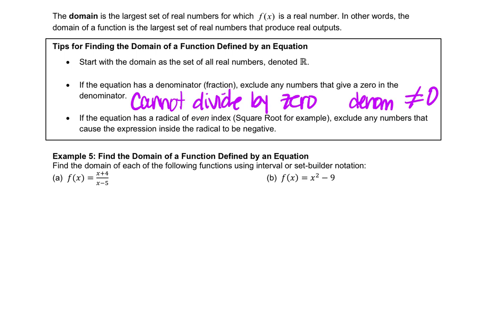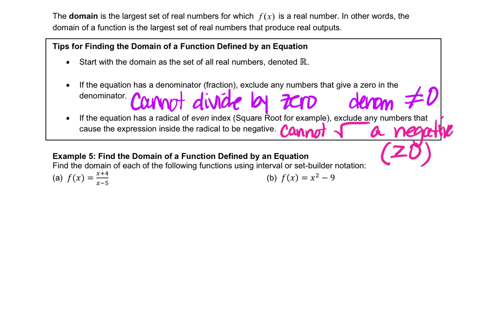So we cannot square root a negative. I can square a negative, but I can't square root. You cannot take the square root of a negative. So it has to be greater than or equal to 0.